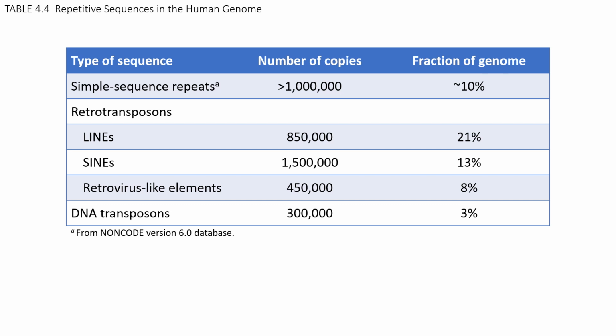Now, the main difference between the three retrotransposons will be size. So the long interspersed elements are going to be about 4,000 to 6,000 kilobases long, whereas the SINEs, or the short interspersed elements, would be 100 to 300 base pairs long. And the retrovirus-like elements tend to be relatively short, about 2 to 10 kilobases in length.